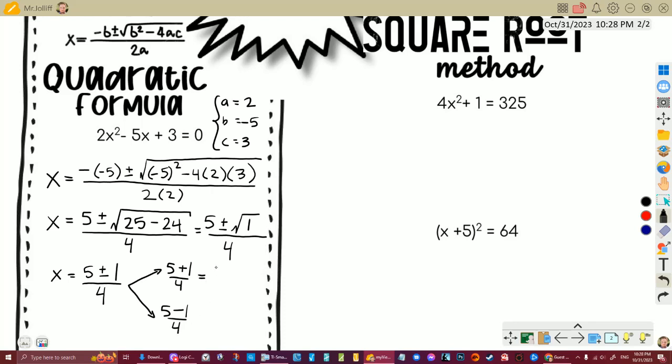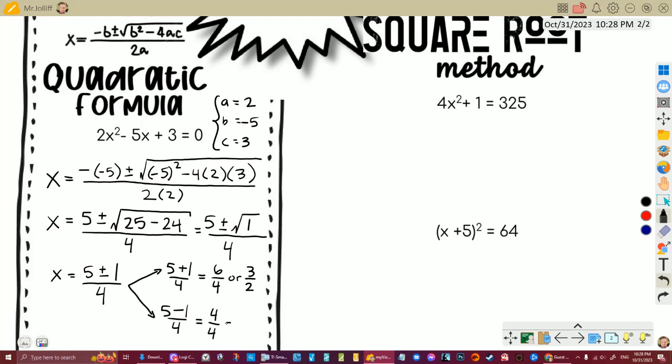So 5 plus 1 is 6. So 6 over 4. I happen to know 6 and 4 are both divisible by 2. So that's going to become 3 over 2. Or if you're on your calculator and you gave me 1.5, that's also okay. For the bottom one, 5 minus 1 is 4.